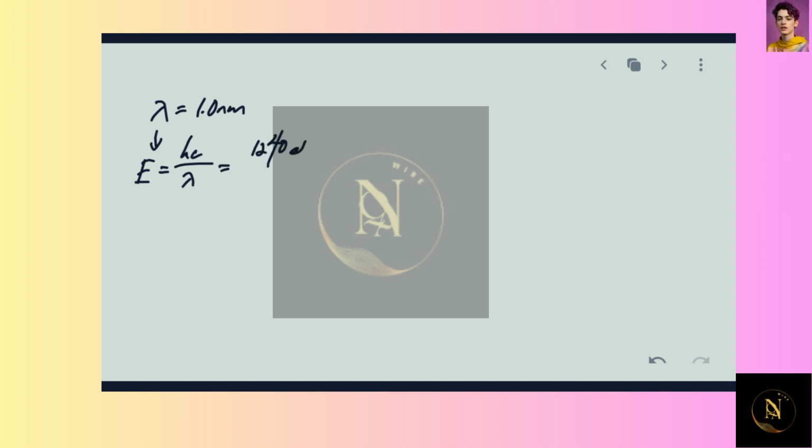So hc will be 1240 eV nanometers divided by this 1 nanometer. This will be 1240 eV, and this is much higher than the potential energy of the crystal or the molecule, which means that it will cause damage.